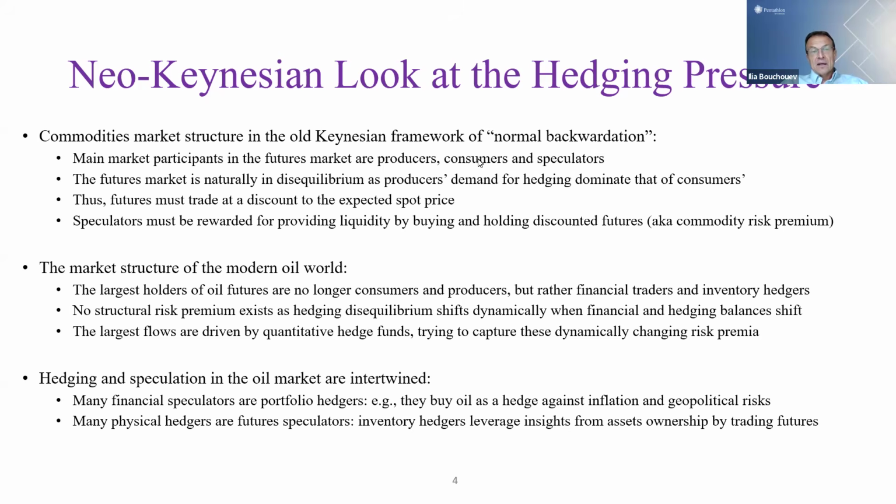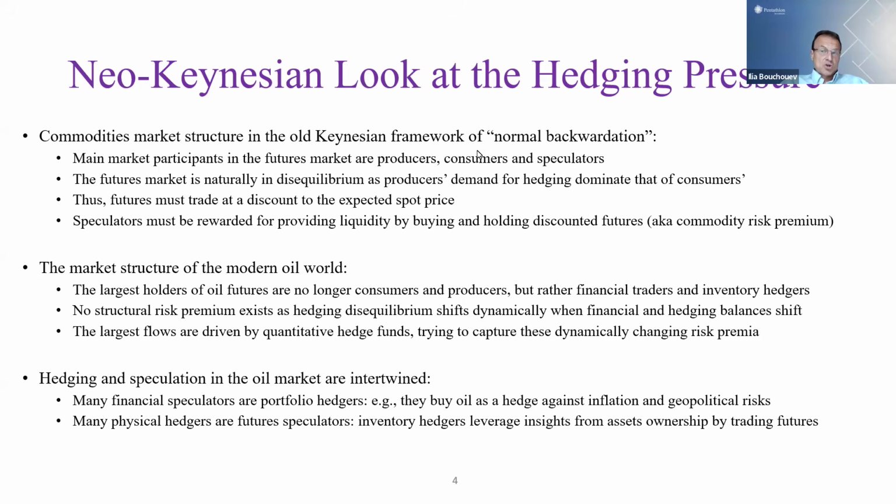So the idea then, if futures trade at a discount, you need someone else to take the other side of this highly imbalanced futures market. So the speculators are the ones who must be incentivized to come in and essentially buy futures at this perceived discount, which they are supposed to realize over time by simply buying and holding commodity futures.